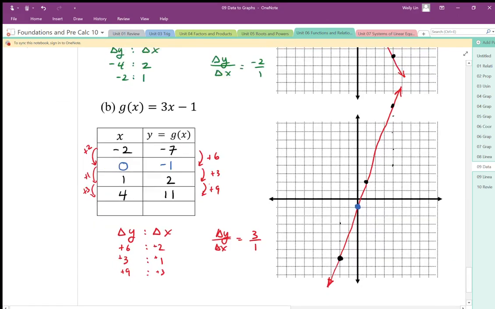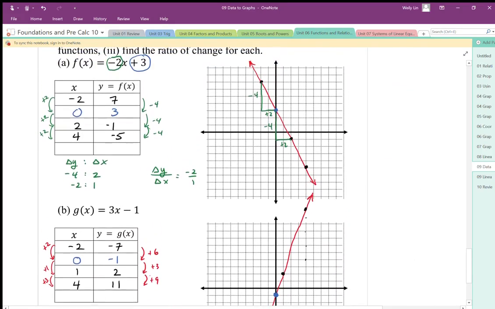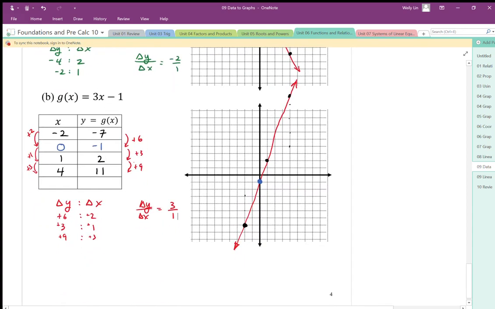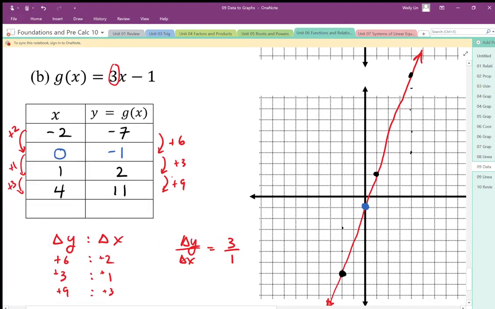Now, where did it show up in the equation last time? Well, it showed up on my multiplier. Maybe I should have kept the same color, but it's showing up as my multiplier here, that ratio of change, and then the starting value of minus 1. There's my starting value, x is 0, y is minus 1, and it's showing up as the plus part or the minus part of this equation.